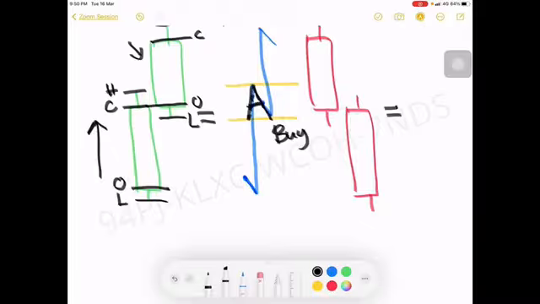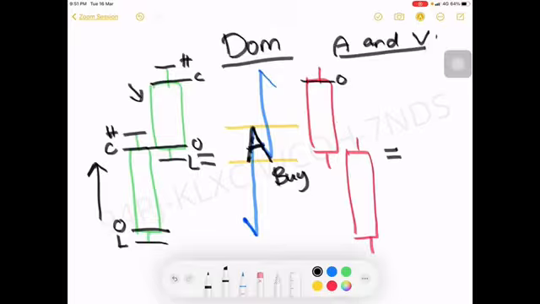So if it wants to go down, what does it have to do first?